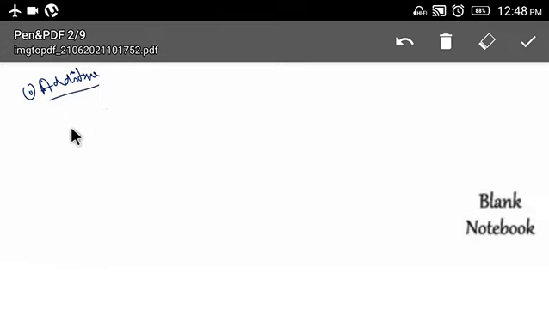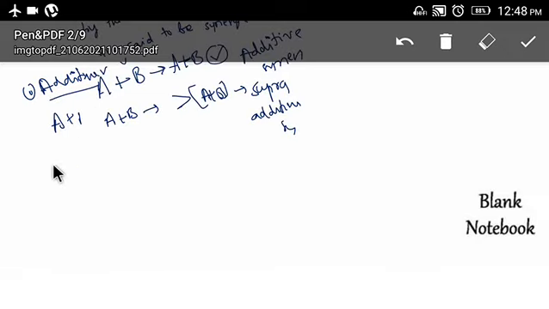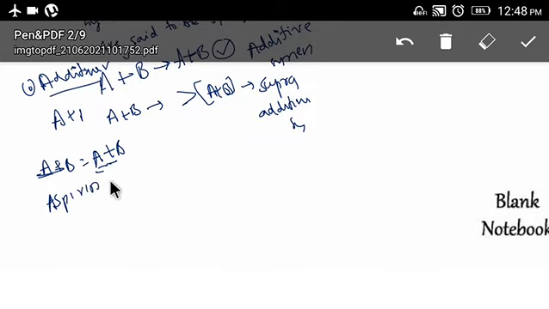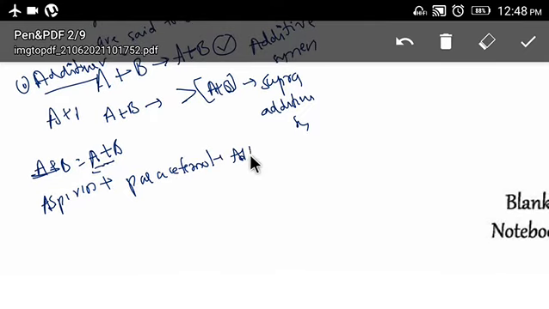As I told you, in additive, A plus B is equal to A plus B only. That means the effect will be added. Here the examples are, if you give aspirin and paracetamol at the same time, the effect will be additive.